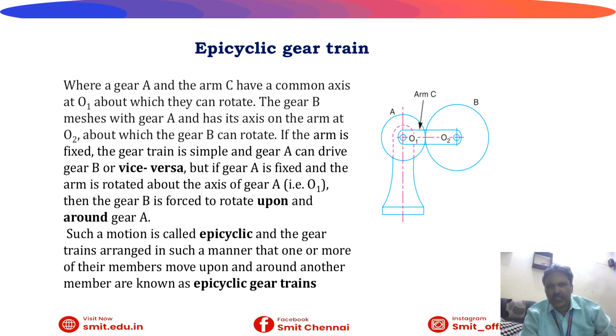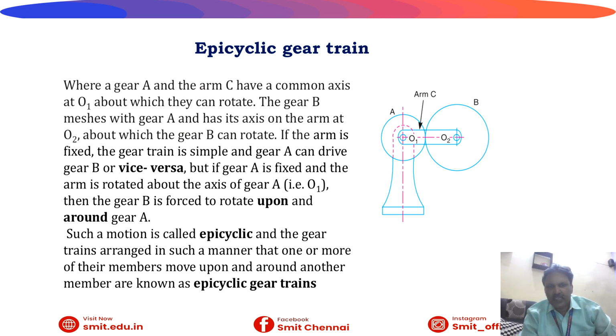But if gear A is fixed and the arm is rotated about the axis of gear A, that is O1, then gear B is forced to rotate upon and around gear A. Such a motion is called epicyclic, and gear trains arranged in such a manner that one or more of their members move upon and around another member are known as epicyclic gear trains.